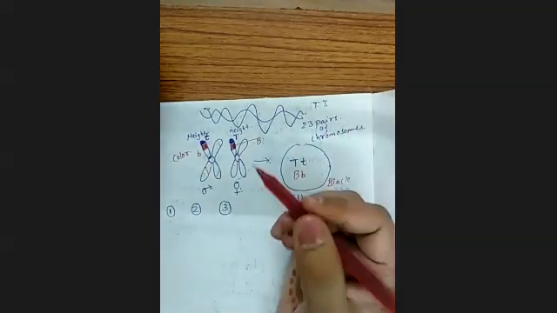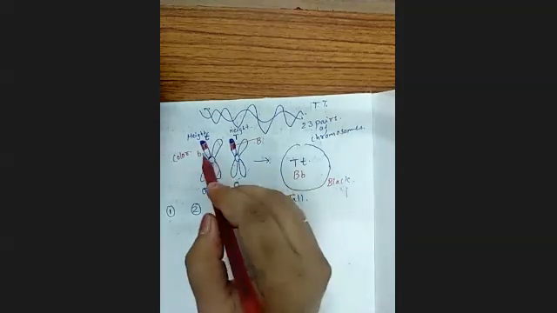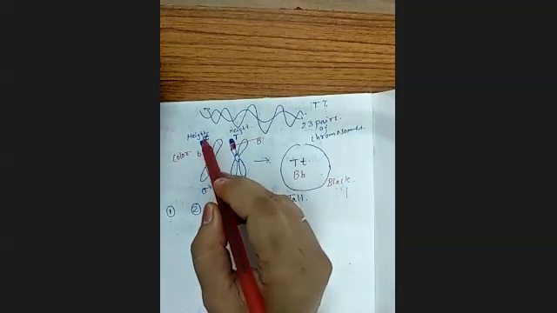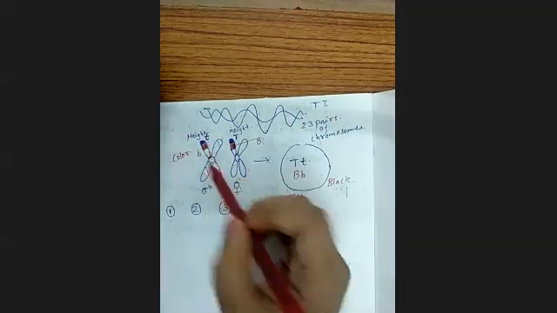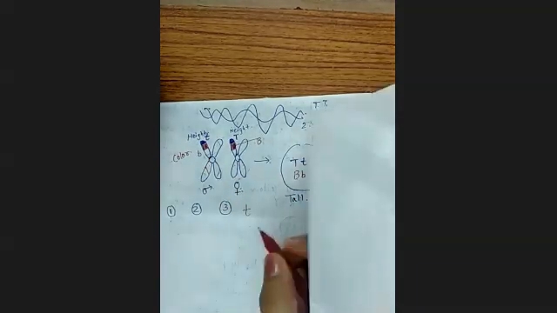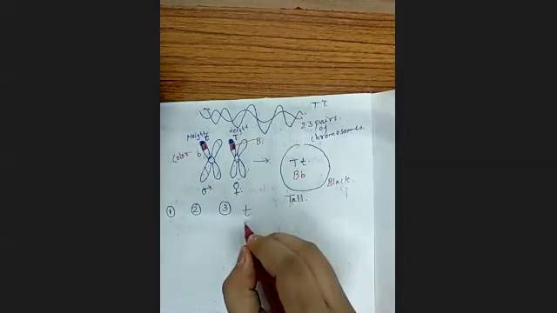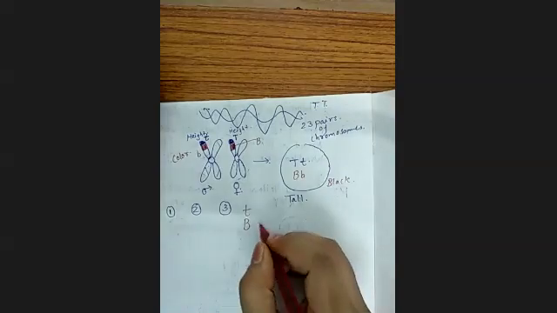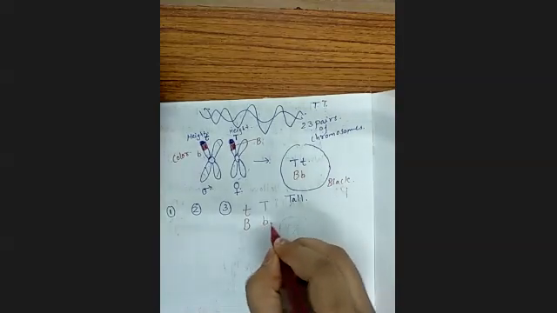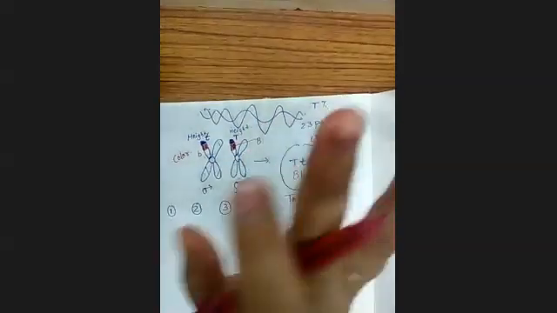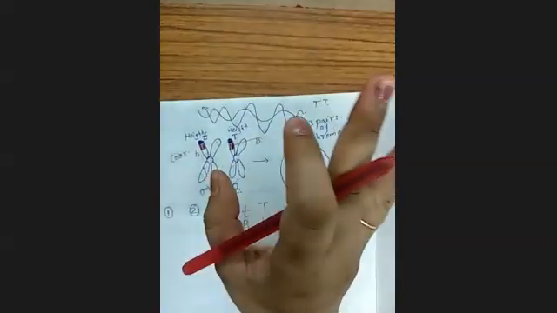So if gametes are formed, they will not interfere. If the height gene, capital or small t, is going, it will not interfere with capital B; both of them will stay separate and work independently.